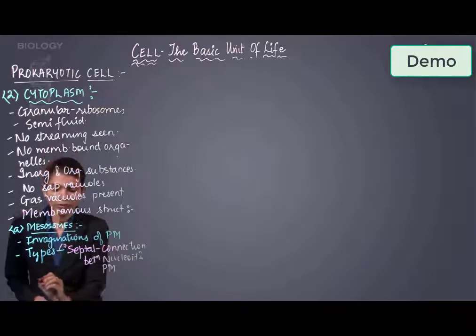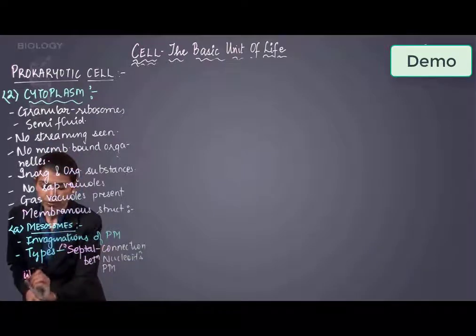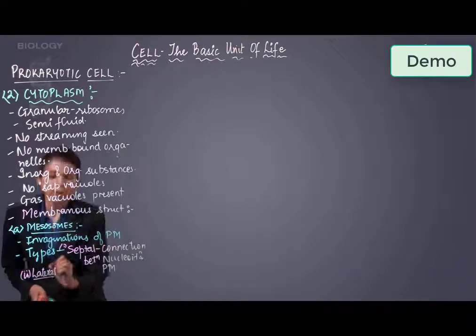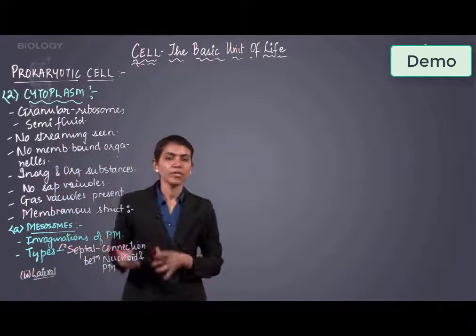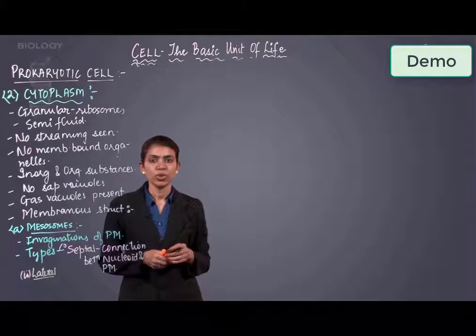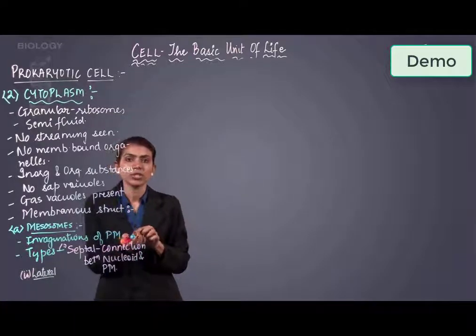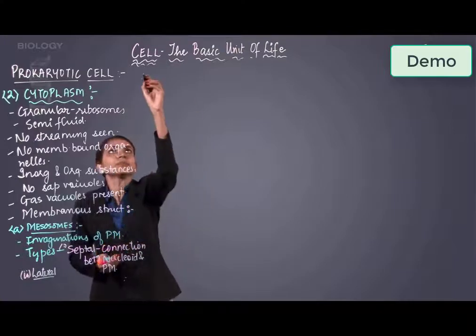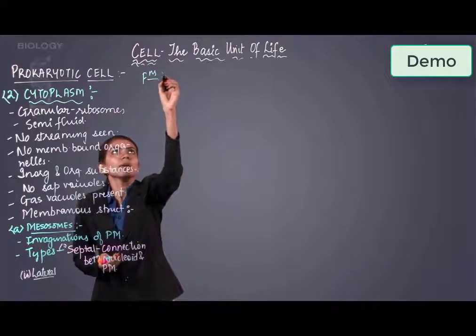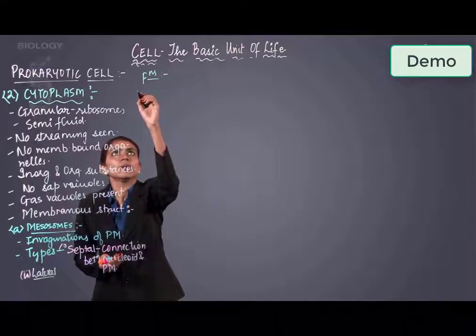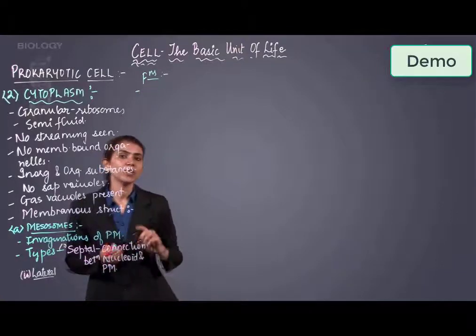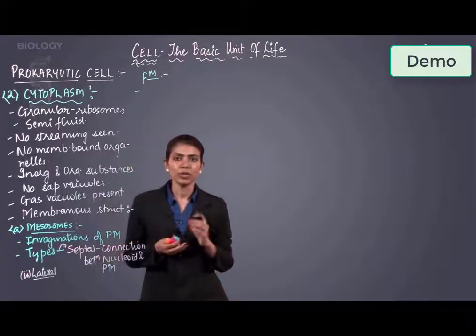The second type of mesosome is the lateral type. The lateral type of mesosome is not connected to the nucleoid. Now, what are the functions of the mesosomes? The first function of the mesosome is that it is involved in formation of the cell wall.